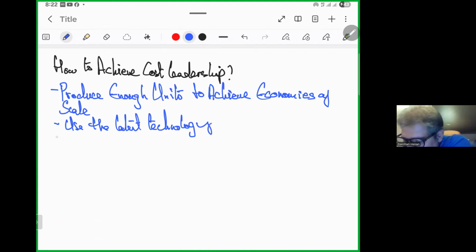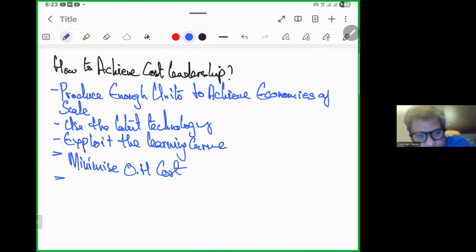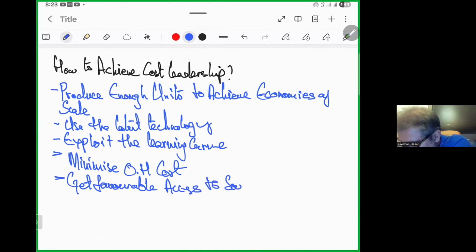Exploit the learning curve. Minimize overhead costs. Get favorable access to sources of supply.